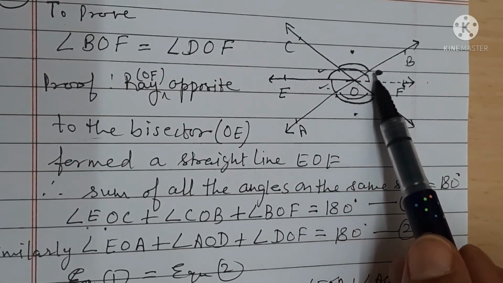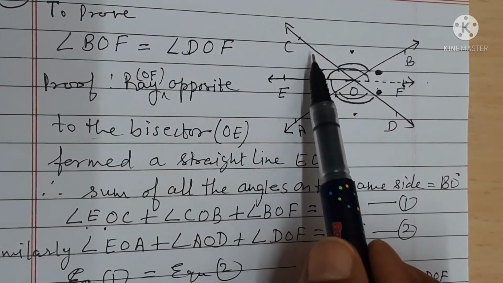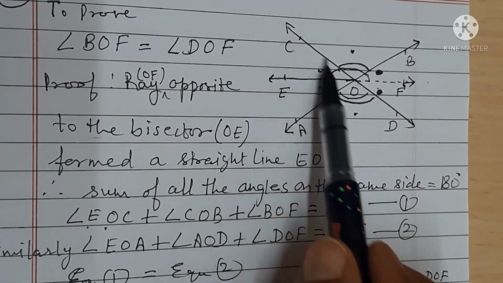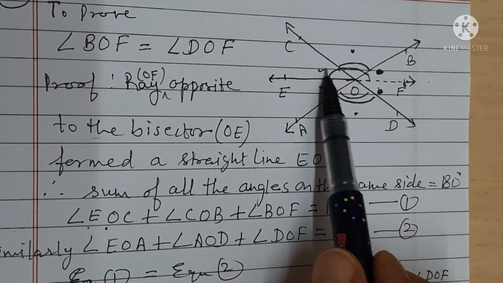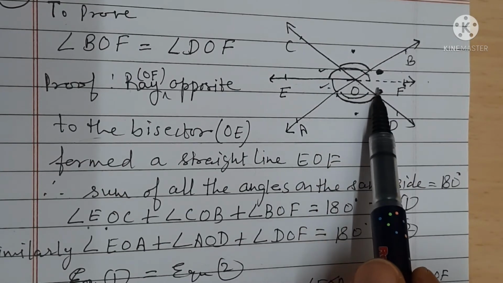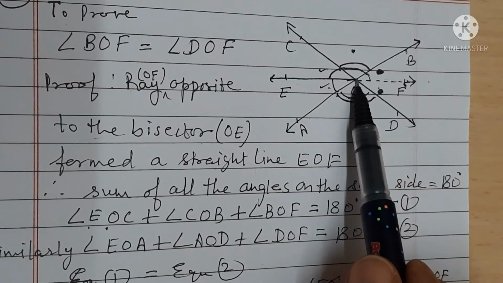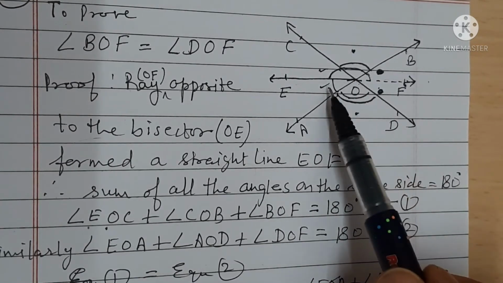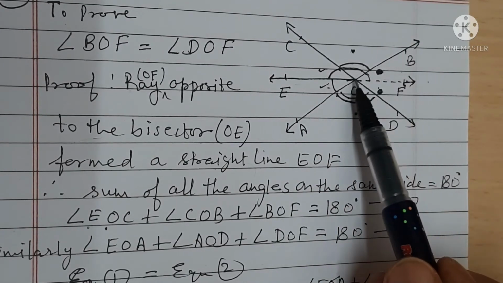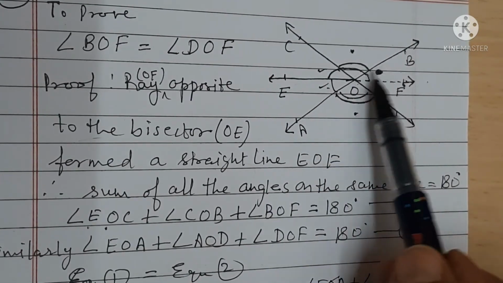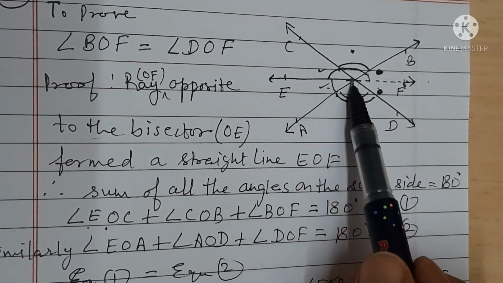Here vertically opposite angles are equal, and the other pair of intersecting lines will be CD and EF. So this pair of vertically opposite angles is also equal. COE is equal to angle FOD. So here AOE is equal to BOF. These two are equal and these two are equal, and here already this is the bisector.